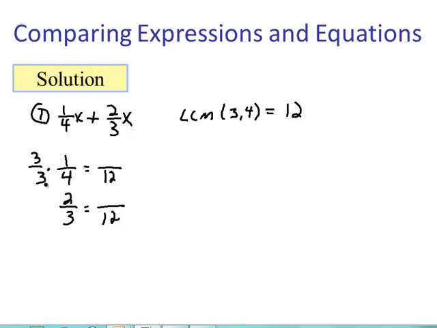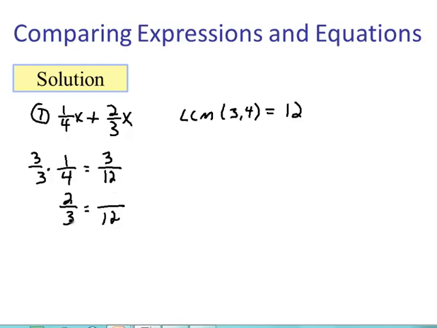If you multiply a fraction by 1, you don't change the value, but it is going to look different. The numerator here is 3 times 1, which is 3. So 1/4 is equivalent to 3/12.